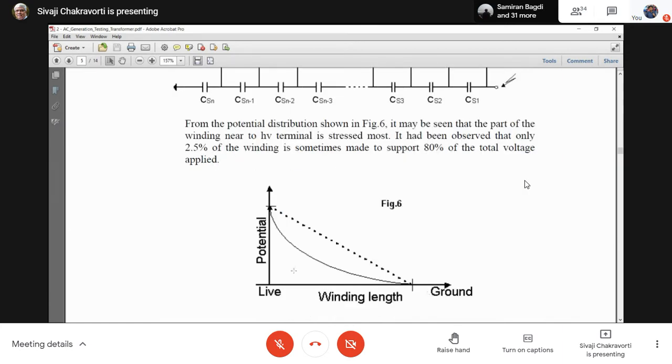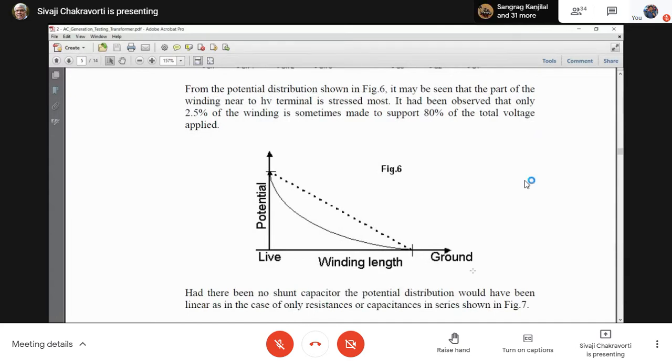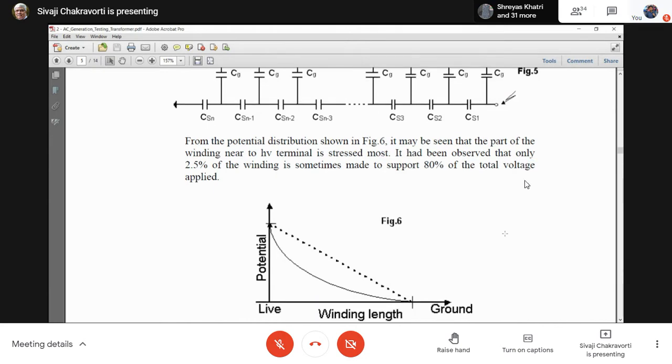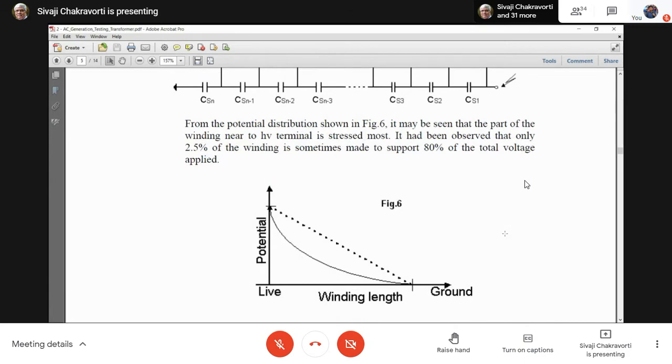Therefore we can draw a plot like this, where this dotted line is the ideal case, that means when the potentials across CS1 and so on are the same. That's called the linear or uniform potential distribution. But practically, it is not so. Practically, the coils near the live terminal have much higher voltage.